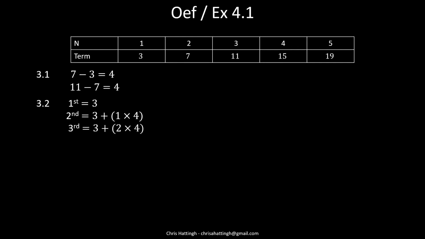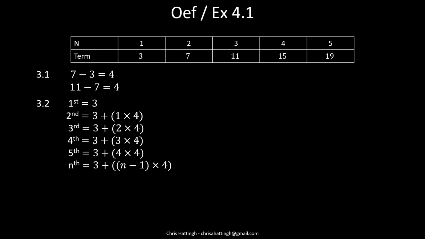So if you know the constant formula or the standard formula, you know that the 3 will always stay the same because the first term is not going to change. And then the 4 will always stay the same because that's the constant difference. So in brackets, the 1, 2, the next one will be 3 because 4 minus 1 gives you 3. 5 minus 1 gives you 4.